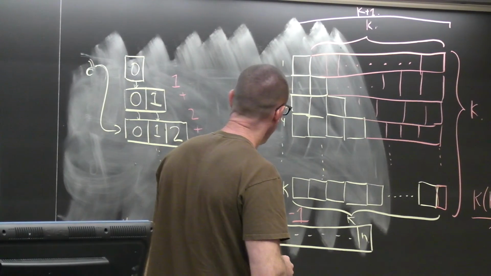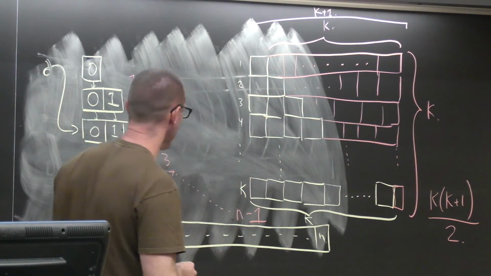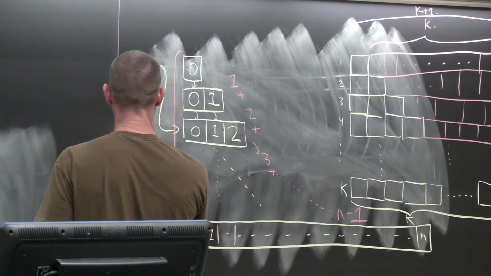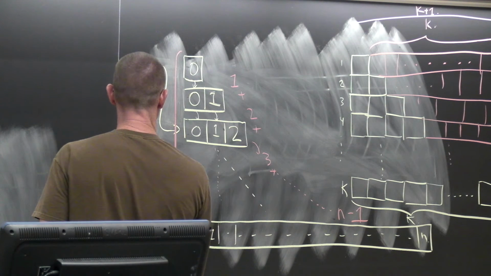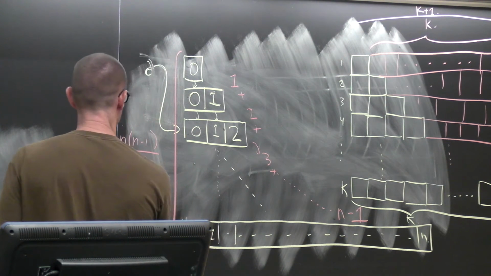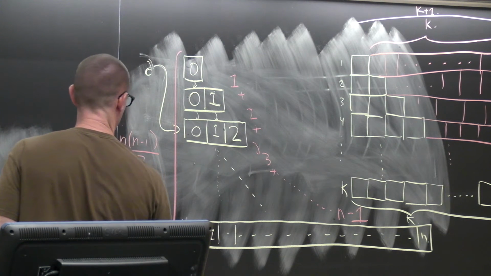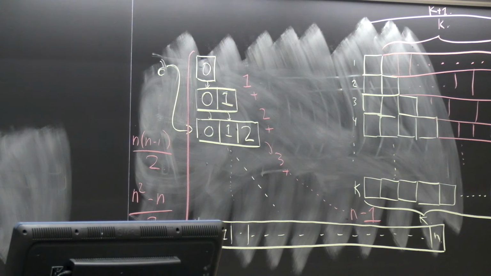In our case, well, our value of k is n minus 1. So this is n times n minus 1 over 2. The interesting thing here, this is n squared minus n over 2. Okay.